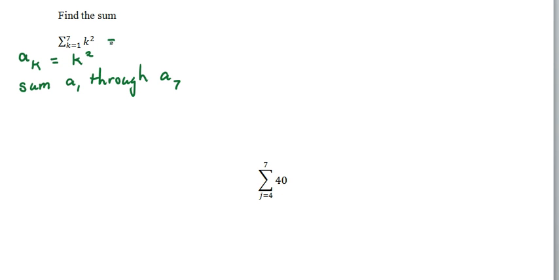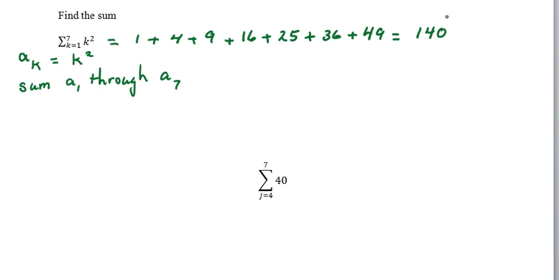And so this is 1 squared plus 2 squared plus 3 squared plus 4 squared plus 5 squared plus 6 squared plus 7 squared. And if you add up those numbers on a calculator, I think you'll find they come to 140. So the sum there is 140.